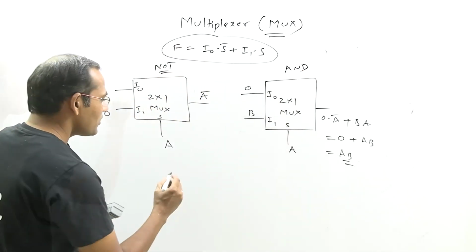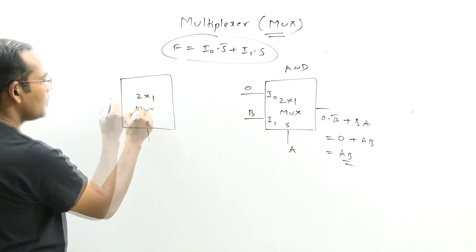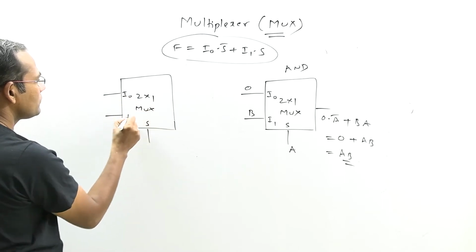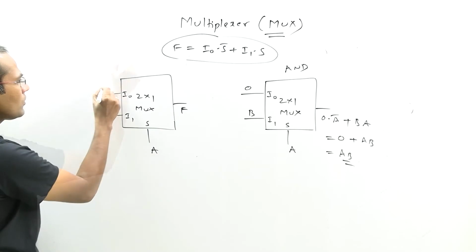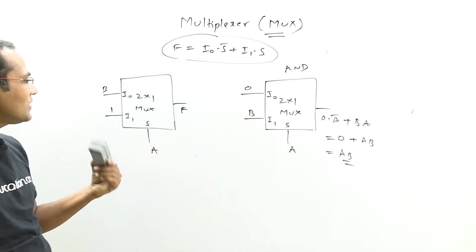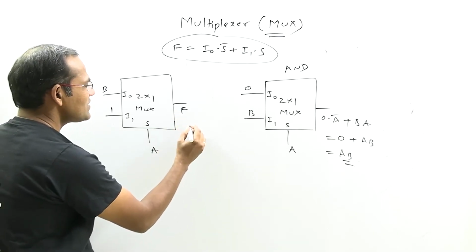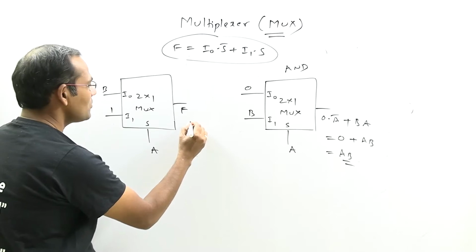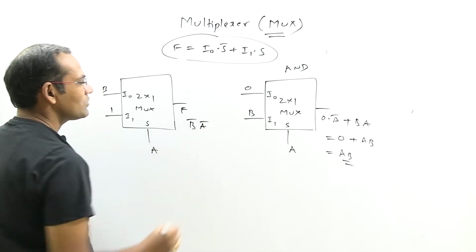We'll see another example. Suppose I connected it like this. Then the expression is I0 into S bar.